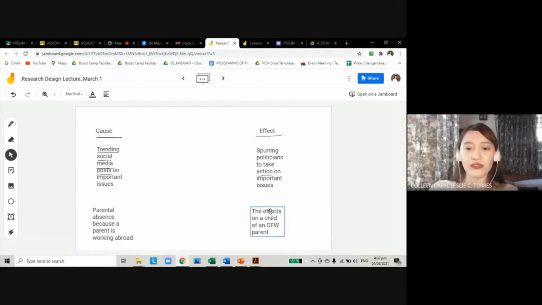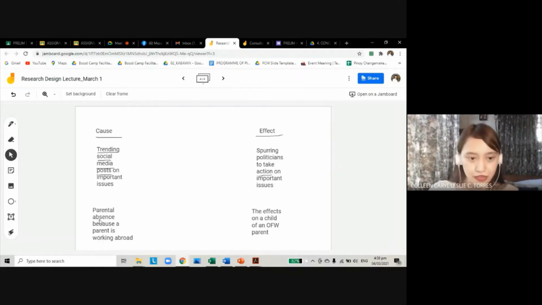So what is the effect? The effects on a child of an OFW parent. Is it logical? I think it's right. Okay, this is what you're trying to determine technically. So the effect will be the effects on a child of an OFW parent.